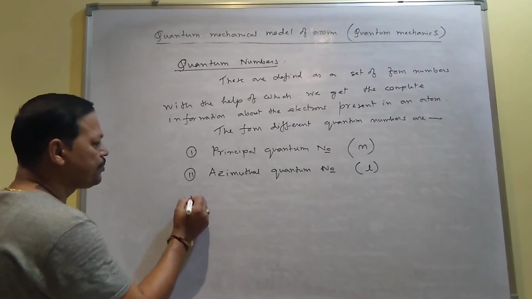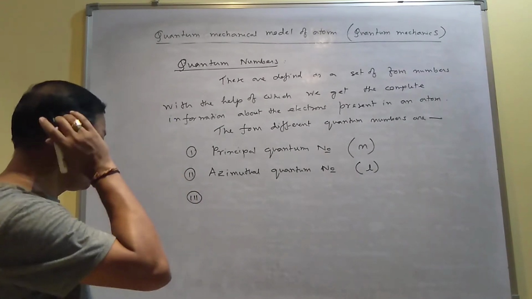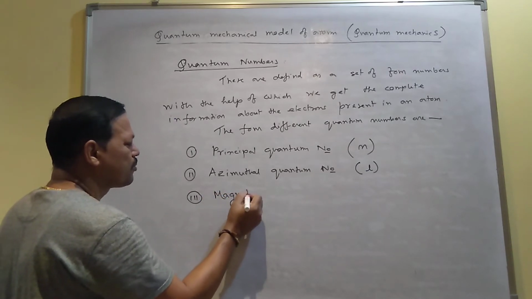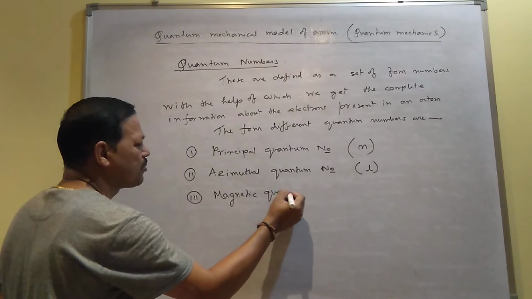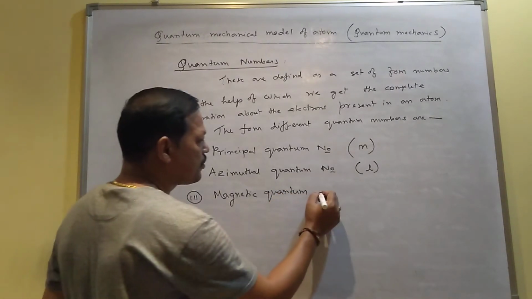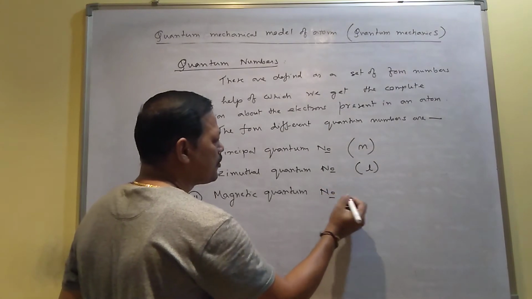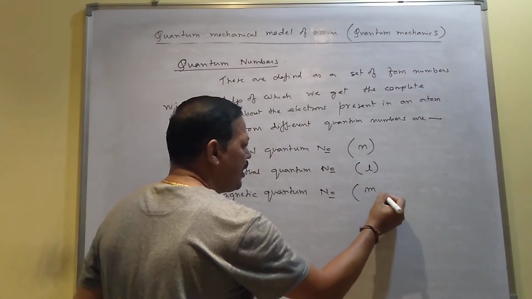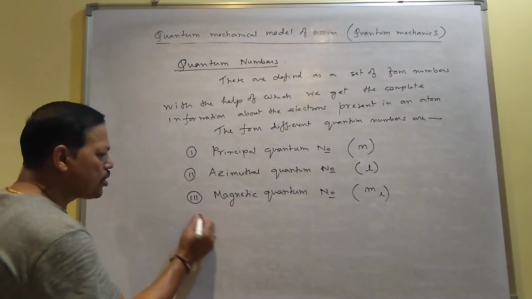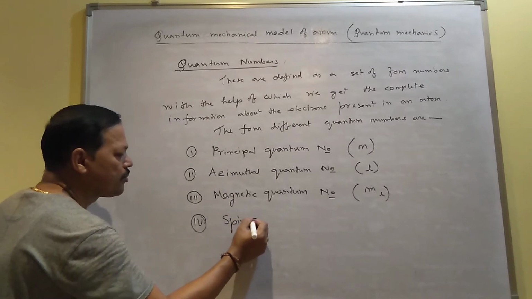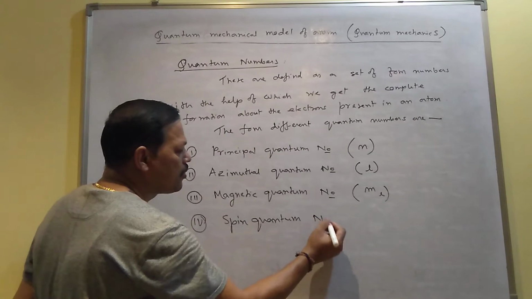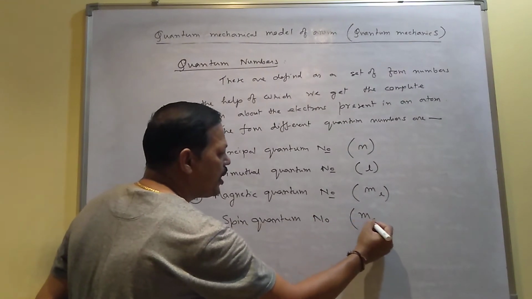Third one is magnetic quantum number, which is represented by m subscript l, l should be in suffix. And the last one is called spin quantum number, which is represented by the symbol m subscript s.